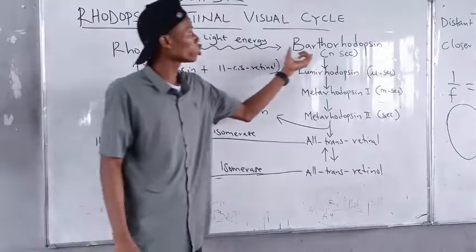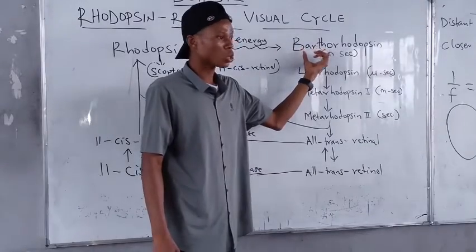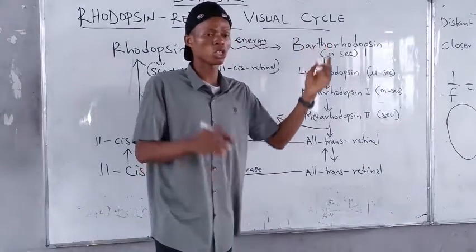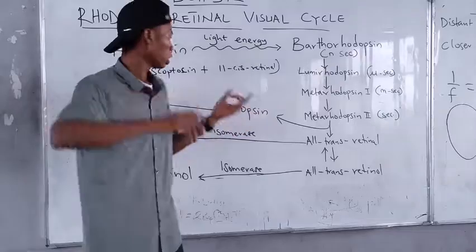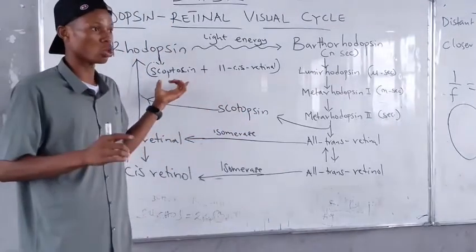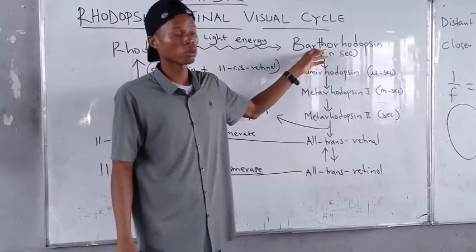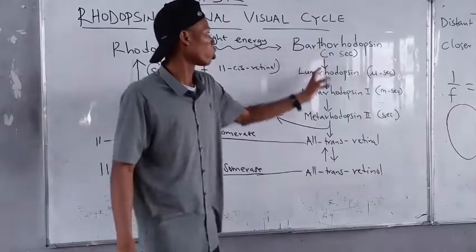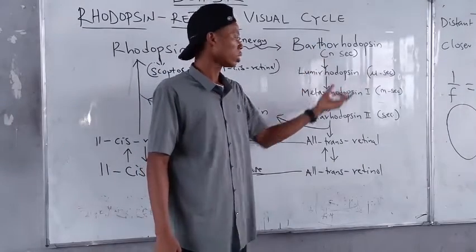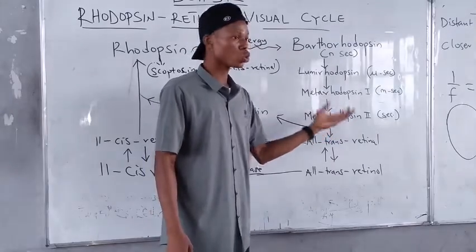Now, that dissociation will cause the first intermediate here, photorhodopsin. That is, photorhodopsin is formed when the all-trans-retinal is partially dissociated from the opsin. This is very unstable. And it will be converted to metarhodopsin 1 and metarhodopsin 2.